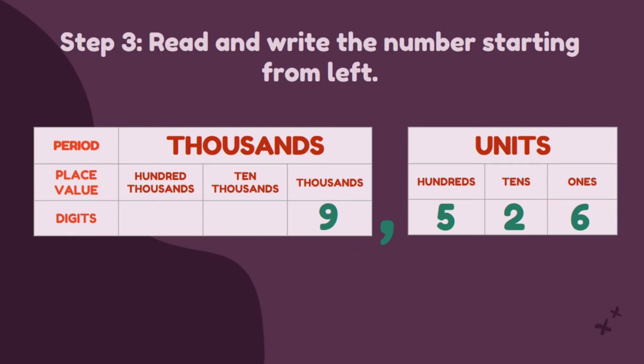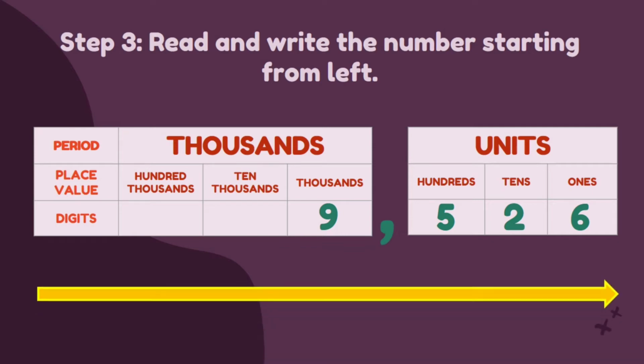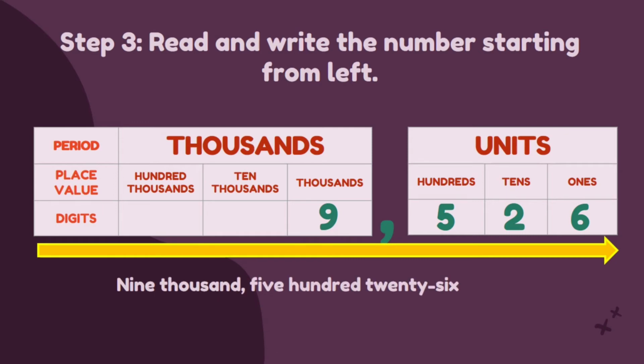Step number 3. Read and write the number starting from left. Remember to read and write each group by 3 digits followed by the value of the group. For this example, we will start from left and read 9,526.